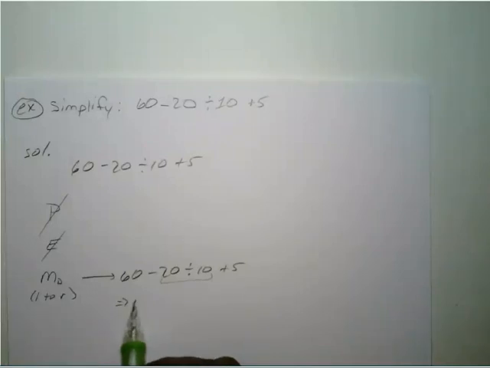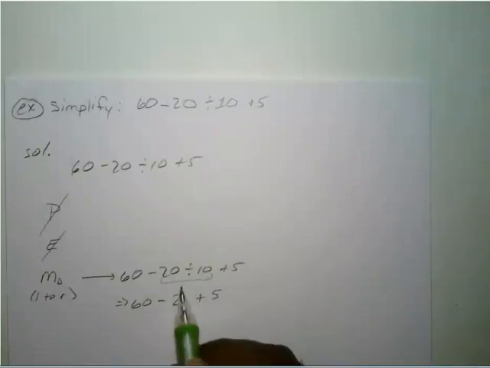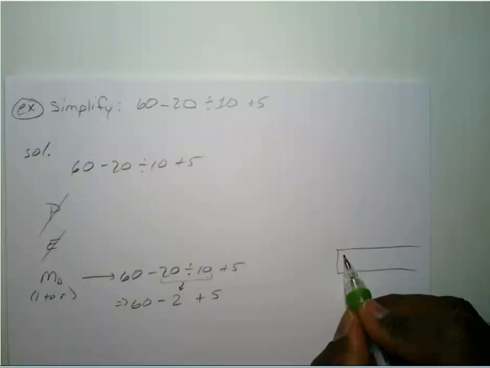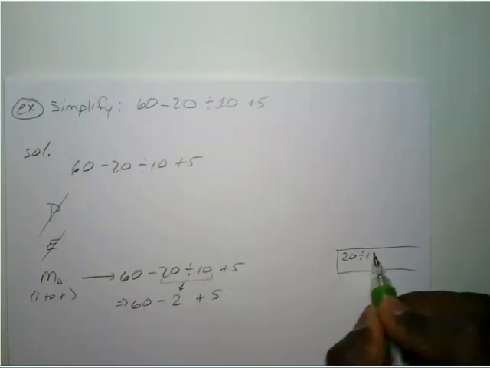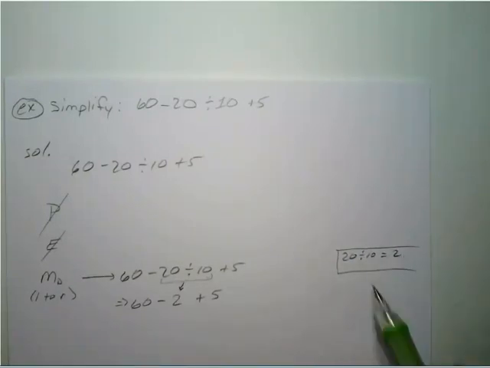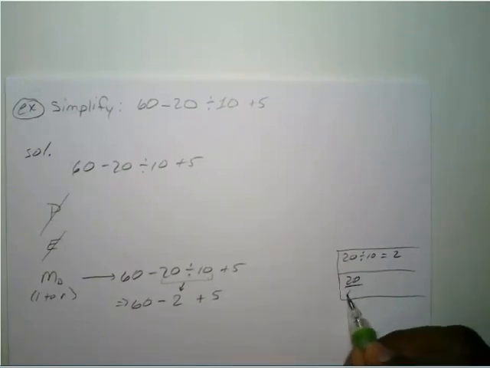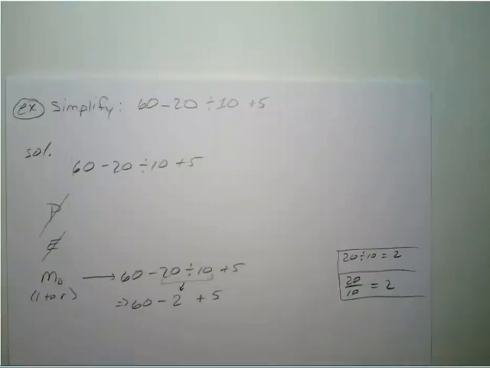So this gives us 60 minus 2 plus 5. Maybe make a little note: 20 divided by 10 equals 2. Either way, whichever one is more comfortable for you.